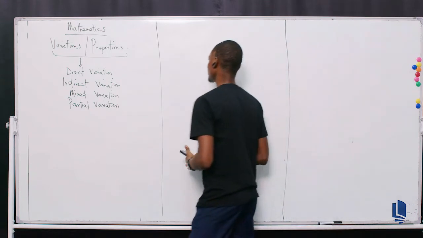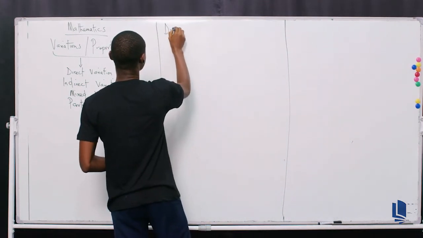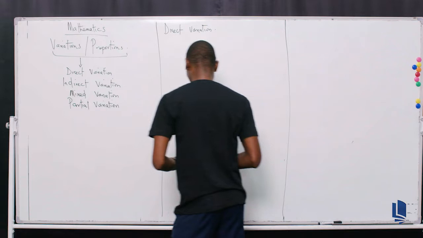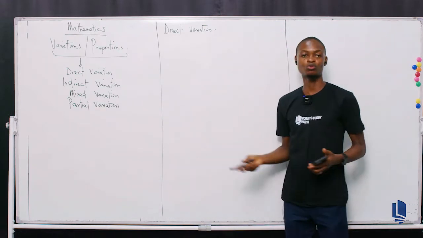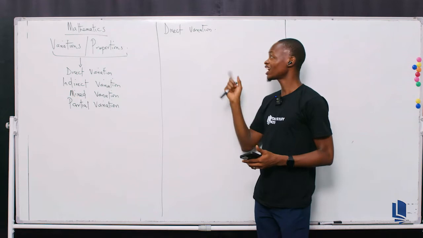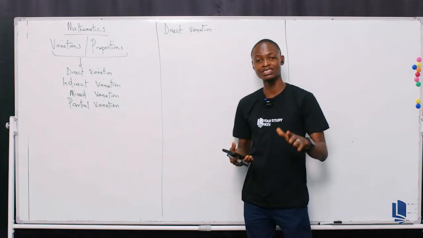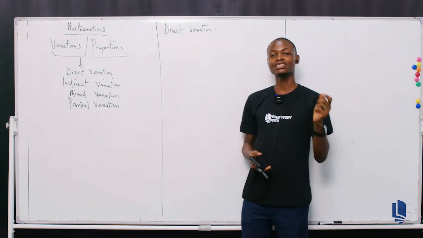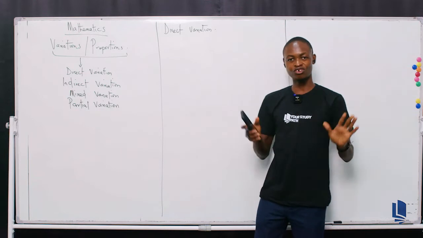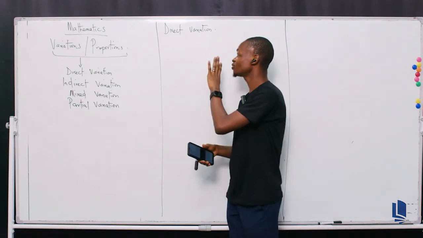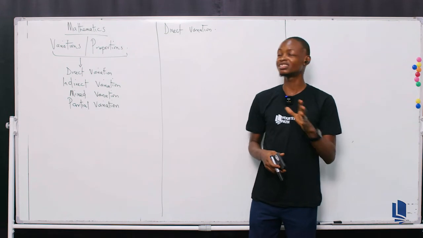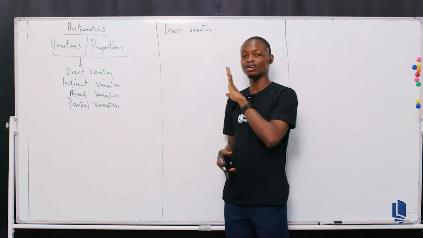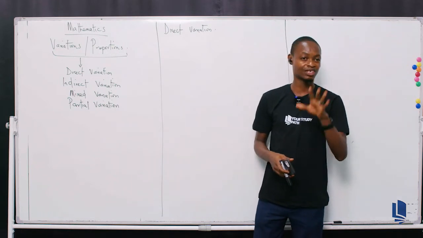So let's begin. We'll start first and foremost with direct variation, or what you can also call the direct proportion. Either is fine. For direct variation, in plain English, you are simply saying an increase in one value causes an increase in another value. Now, of course, let's digress a little bit. If you are concerned about how exactly this concept is important, it not only relates to mathematics, we have also shown that it relates to real life with our little analogy.